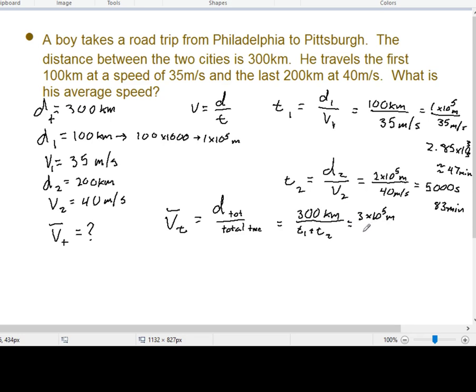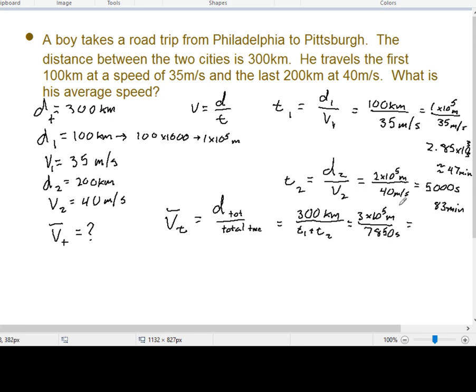That's going to equal, let's see, on the calculator, 2.85 times 10 to the 3rd plus 5,000 equals 7,850 seconds.